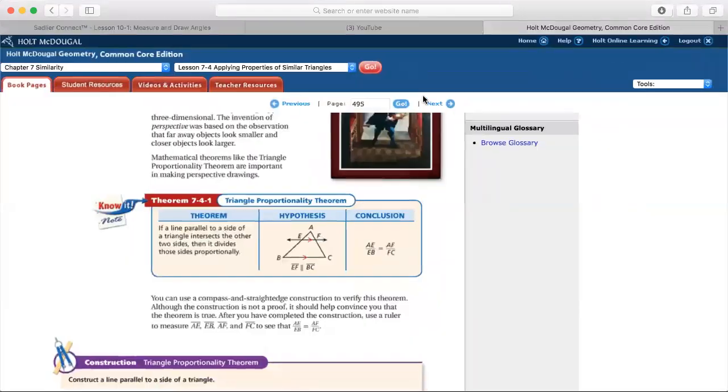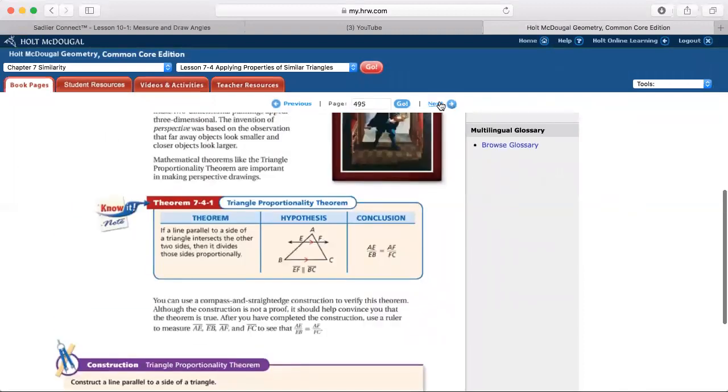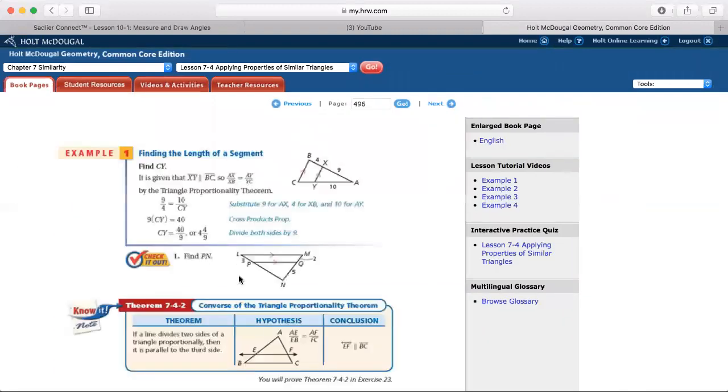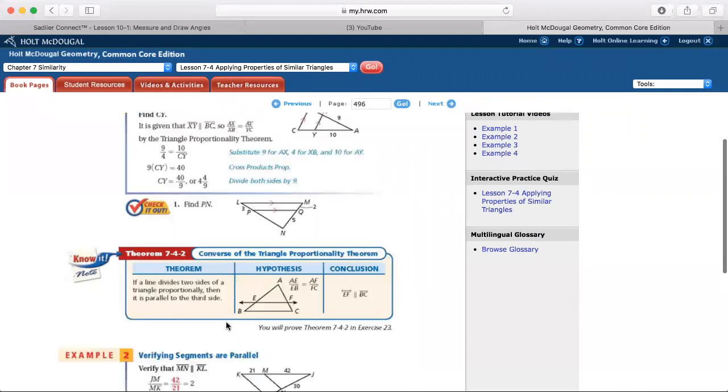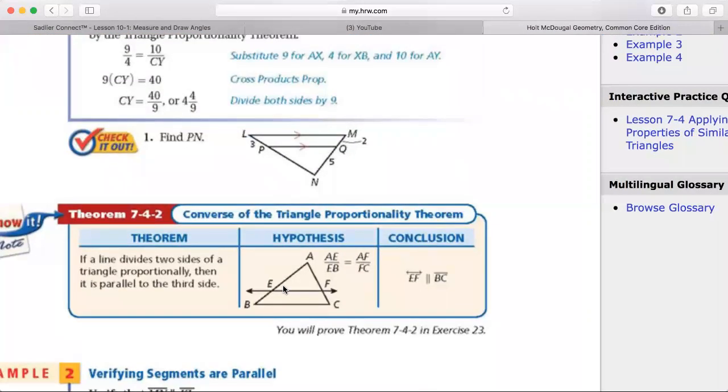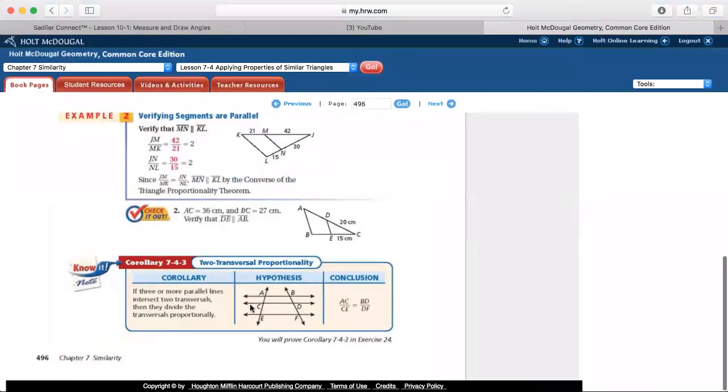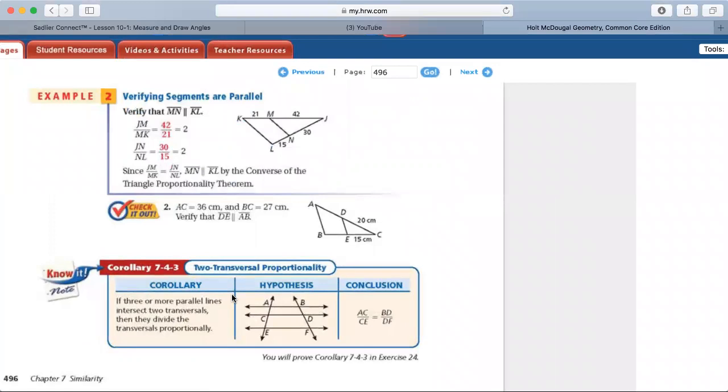And also, we learned the converse of this theorem that says if a line divides two sides of a triangle proportionally, then it is parallel to the third side, like AE over AB is equal to AF over FC, then EF is parallel to BC. So yesterday we learned the theorem and its inverse.